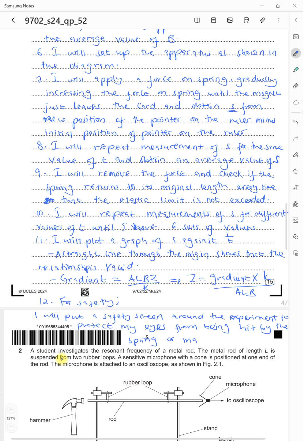The spring could jump off and hit the eyes, or the magnet could jump off and hit the eye. So a protective screen or a safety screen around the experiment could be necessary.